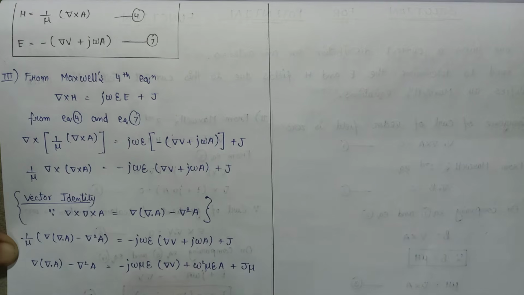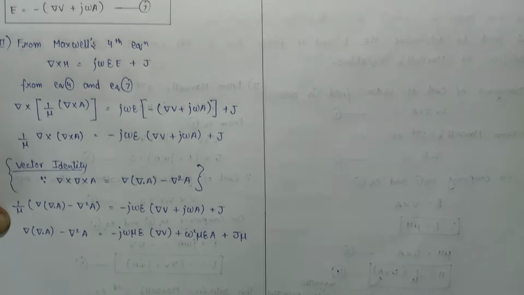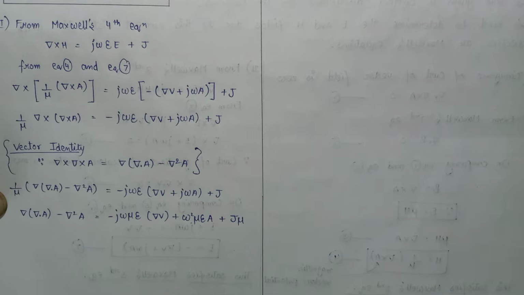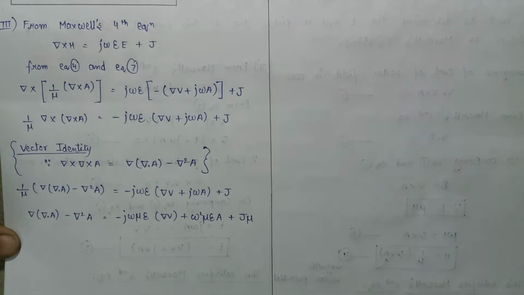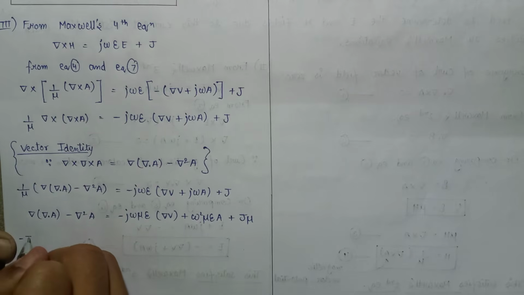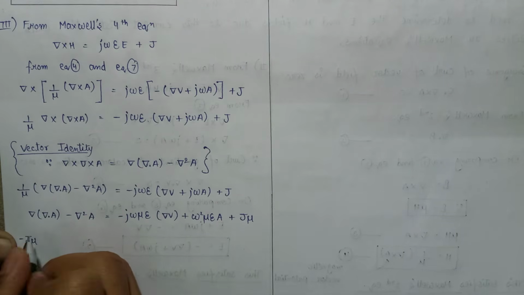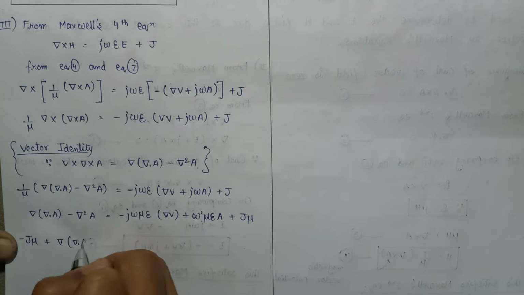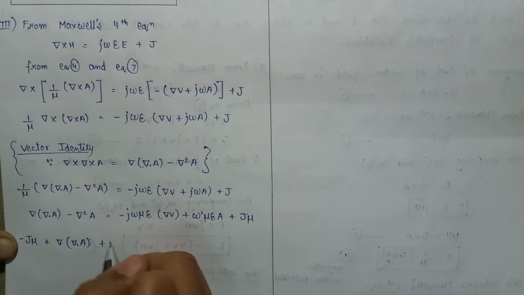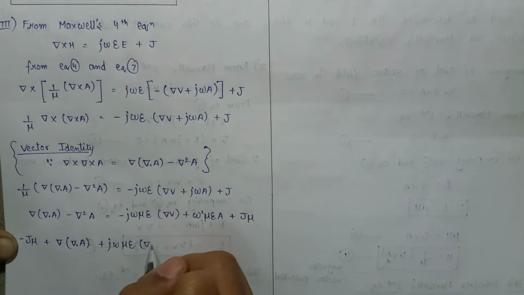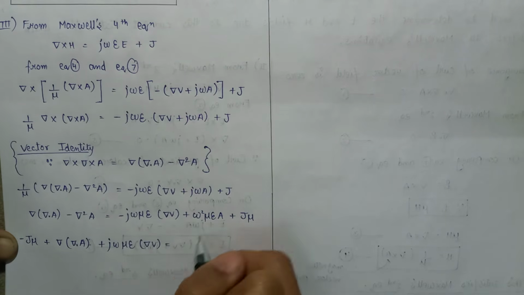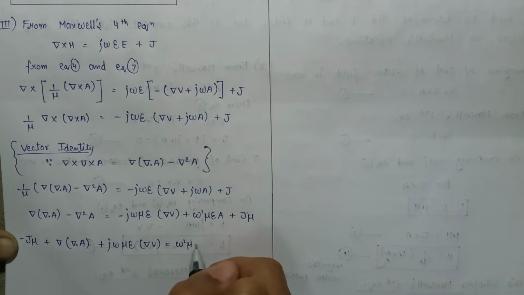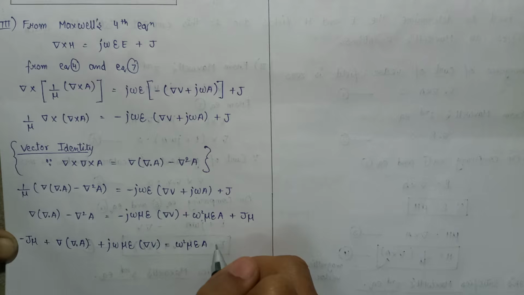Now if we solve it, then this expression will further become equals to minus of j mu taken in the LHS plus del gradient of A plus j omega mu epsilon in multiplication with del V, that will be equals to this omega square mu epsilon A plus del 2A.